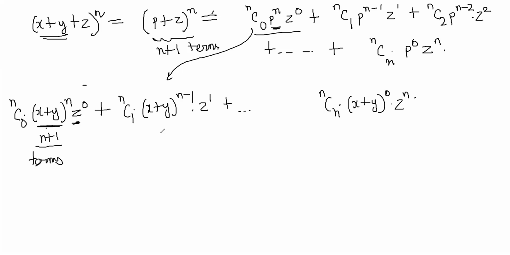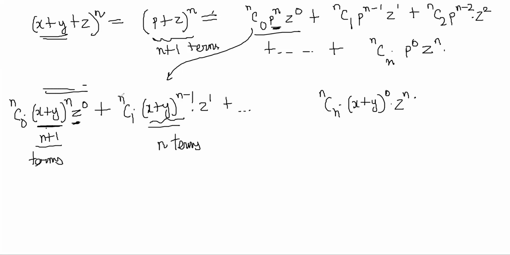Here n terms will come, because (x plus y) to the power n minus 1 will expand to give n terms, and each of them you will multiply with z, so it will become n different terms, right? Notice that nothing can be combined.